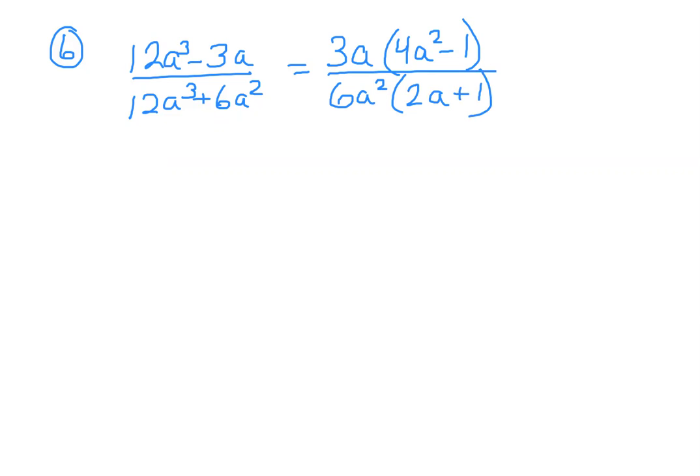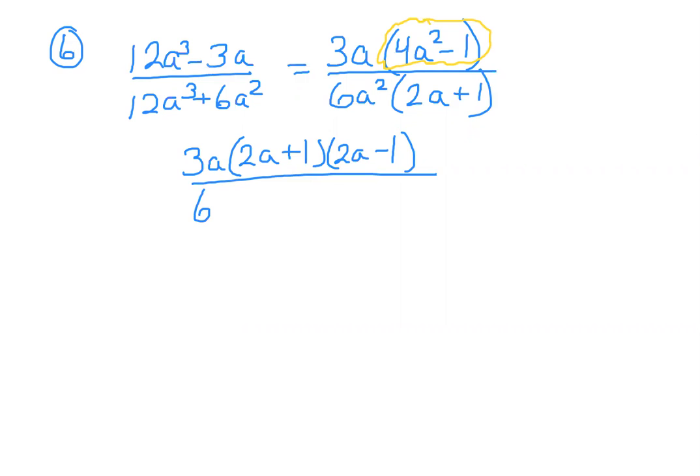Okay, are we done with step 1? Have we factored everything? Not quite, because look at this. This right here is a difference of two perfect squares. So we have to factor that again. And that is 2a plus 1, 2a minus 1, because 4a squared is 2a times 2a, and 1 is 1 times 1. And then the denominator is going to stay the same.